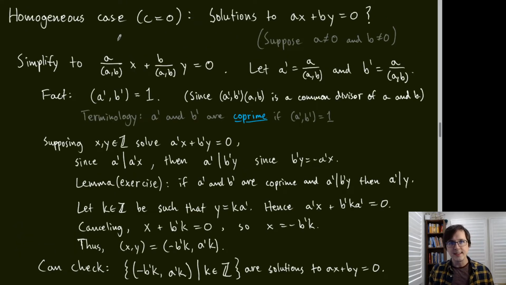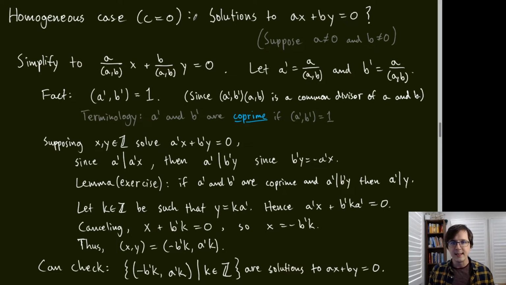So we're going to break this up into two cases. The homogeneous case, which is when c is 0, so solutions to ax plus by equals 0, just like what you might be familiar with in linear algebra. And then we're going to use the homogeneous case to help us solve the general case.